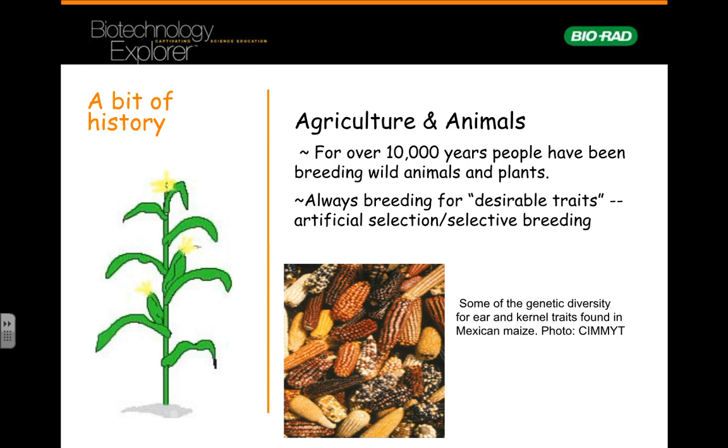But at the same time, that's the way it's been done. And so, again, we've been genetically altering our plants and animals for thousands of years using this artificial selection or selective breeding process. In the case of genetic engineering, though, we've been able to change the process a bit.